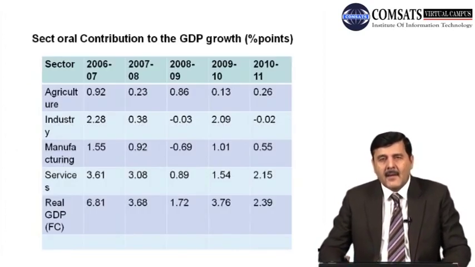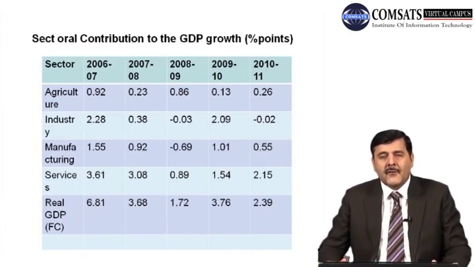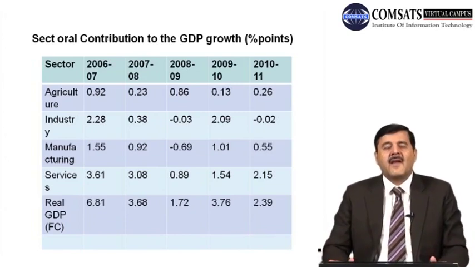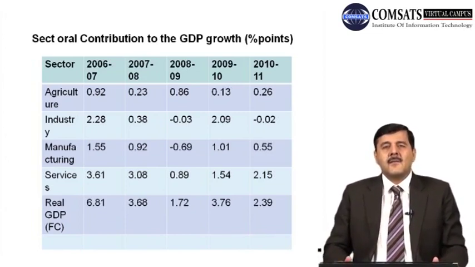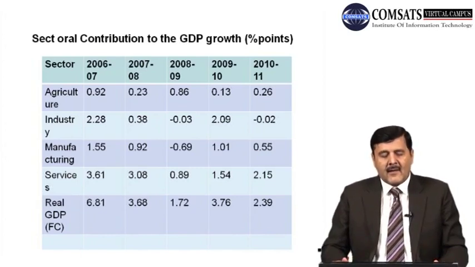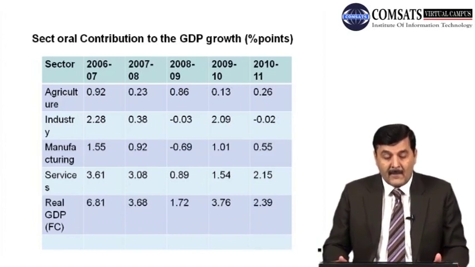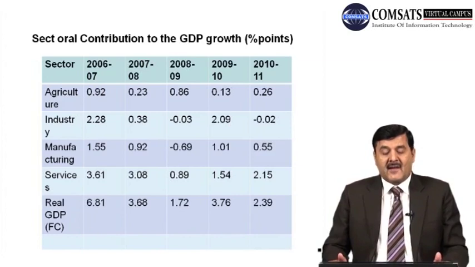If you look in this table, just to give you an idea how much is the contribution of different sectors in GDP in Pakistan economy. तो इसमें हम देखेंगे कि different sectors की क्या contribution है पाकिस्तान economy in different years. तो if we look at 2006 and 7, the contribution in GDP of agriculture was 0.92%, it is in percentage.